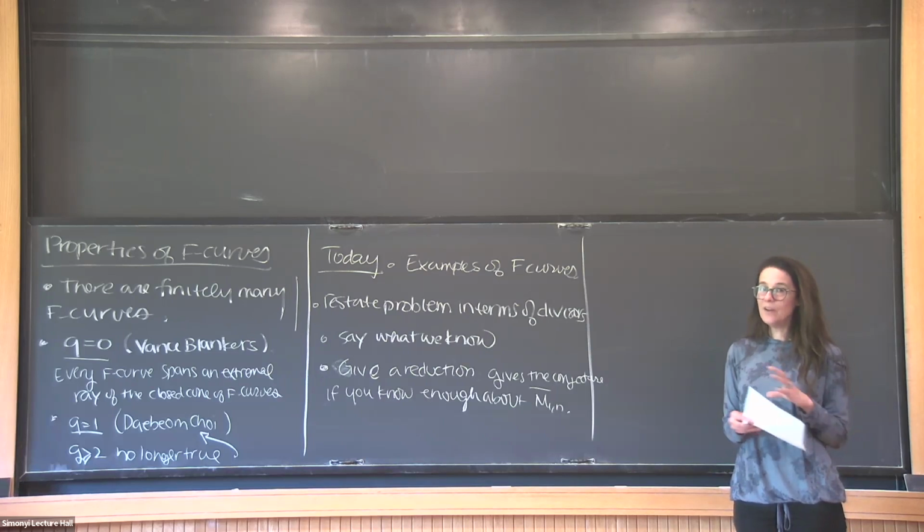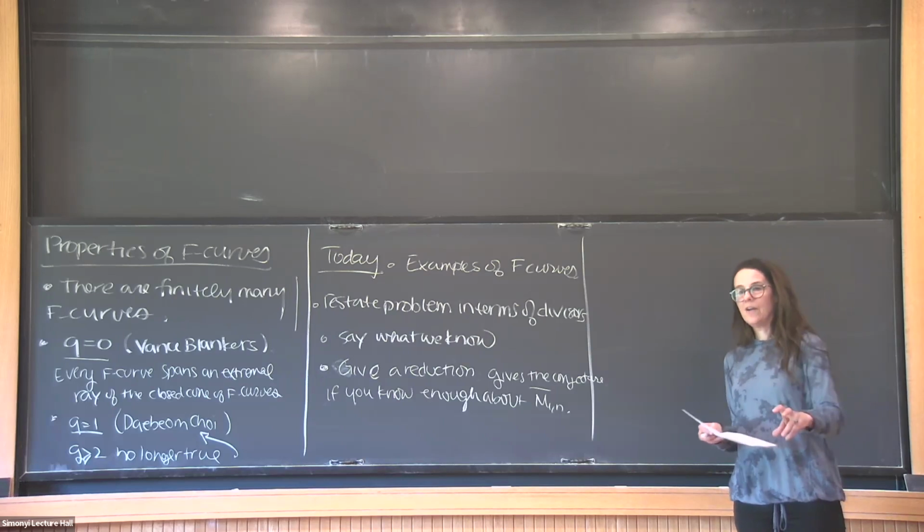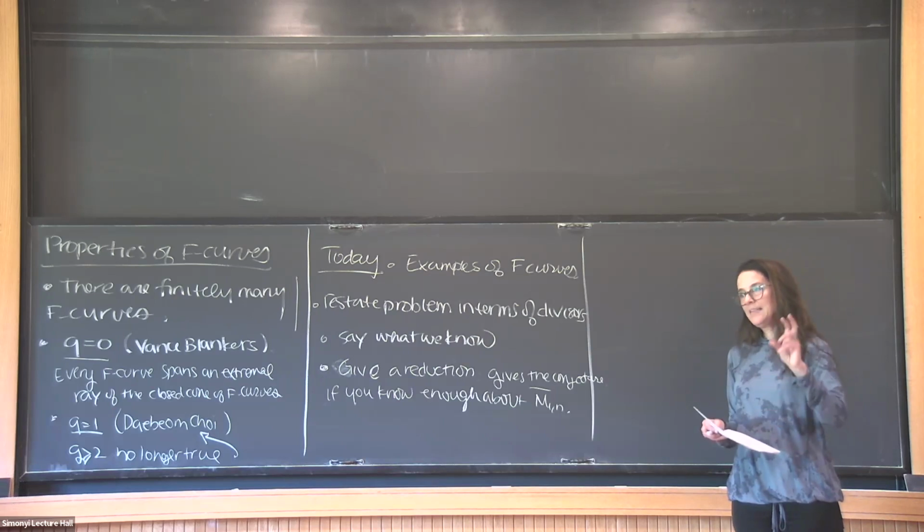I don't think my reduction can prove the F-conjecture. What it can do is say, if you're looking for a counterexample, then start on M1,n, take an F divisor that has these properties, and look for your counterexample there.